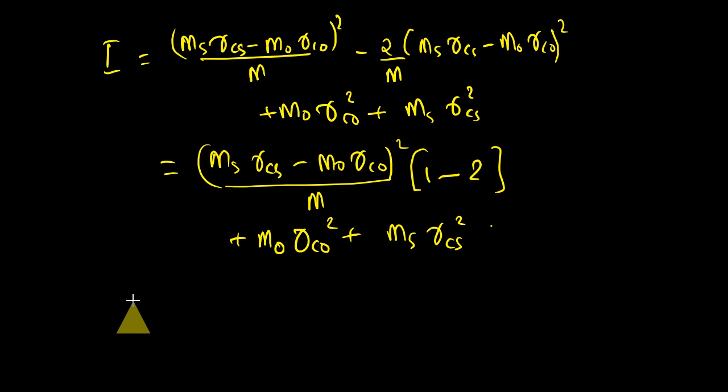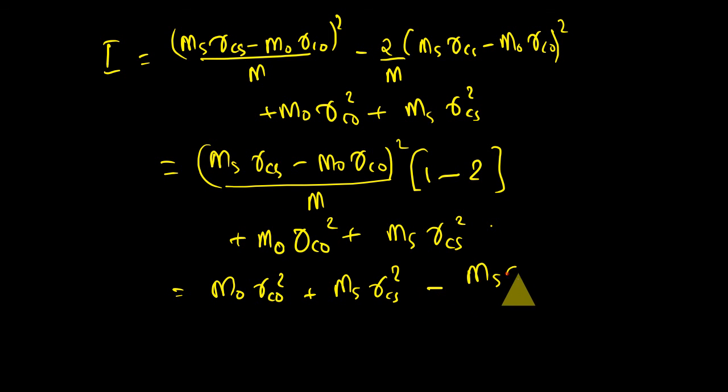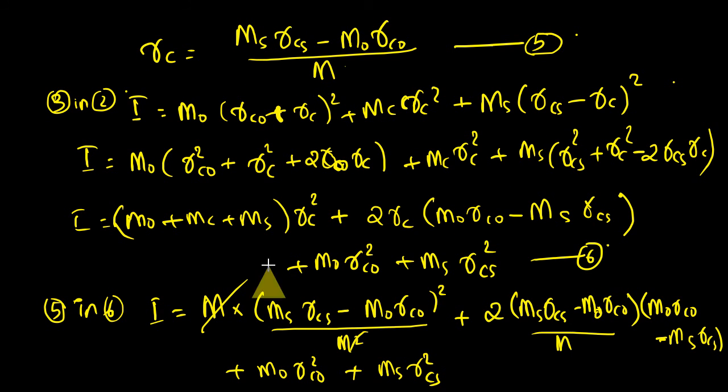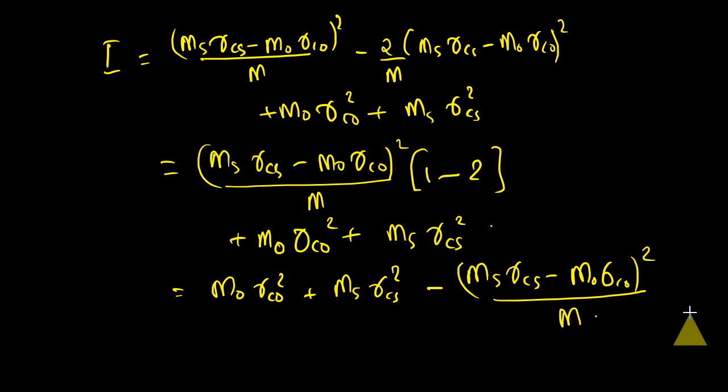So this is equal to M_O R_CO square plus M_S R_CS square, minus, that is 1 minus 2 is equal to minus 1, so minus M_S R_CS minus M_O R_CO the whole square divided by M. Okay, so this is our equation. Let me call this equation number 7.